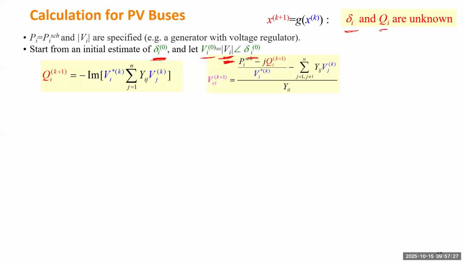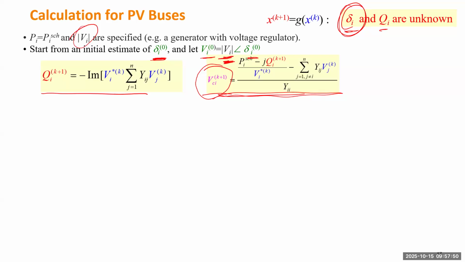The formulas we need will be one formula for Q, the other formula for V. But keep in mind, we don't need the voltage phasor, we only need the angle. When you use the first formula to iterate, it gives you the voltage phasor, but we only need the angle information. The voltage magnitude is already given. We cannot change that value.